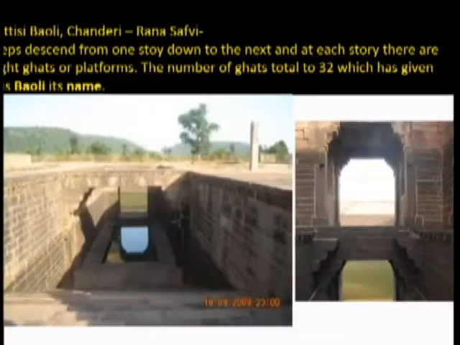And the description is given here, as I told you, that there are 8 ghats. Ghat is the platform, and the number of ghats totals 32, which gave the Baoli its name.